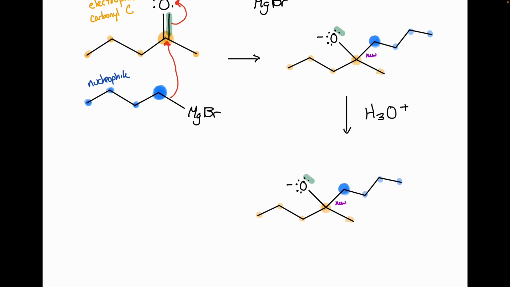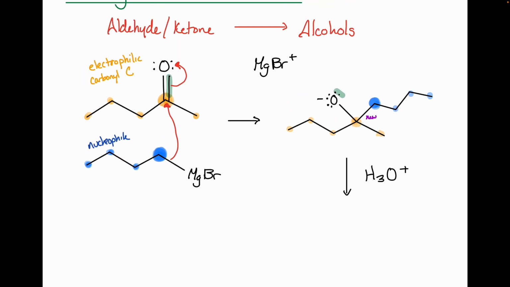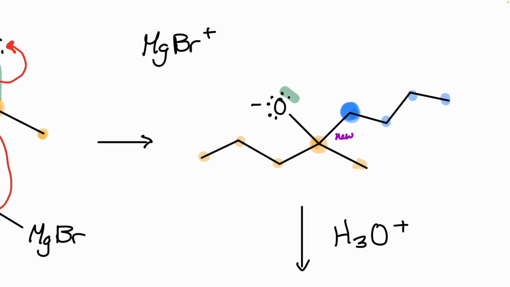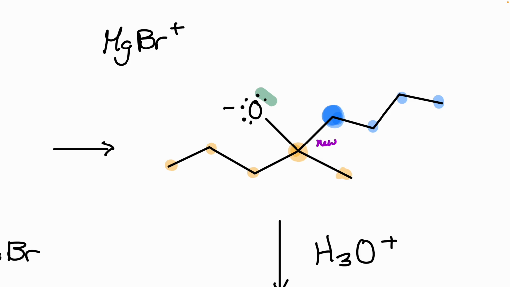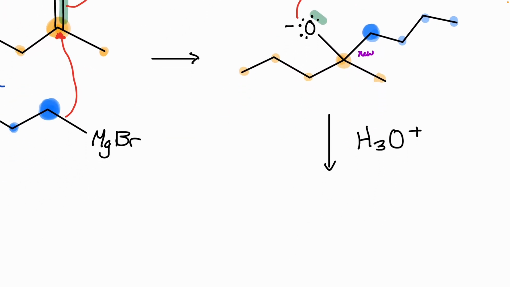All right, so our last step here, I guess I can do it in my mechanism, I'll be good and sort of show. We have H plus, that lone pair on the oxygen is going to reach out and grab that hydrogen and become protonated.